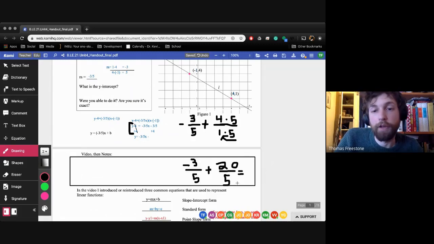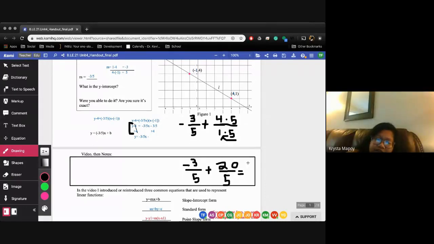Remember how to add fractions. We have a numerator and a denominator. And we've got to figure out how these are going to combine together with addition. 17 over 5. Good job.